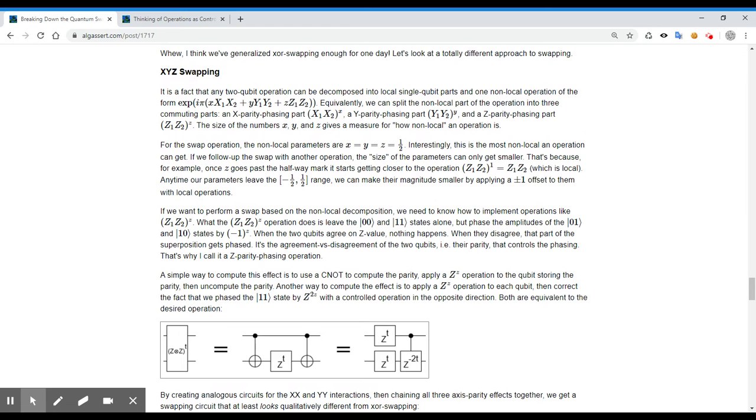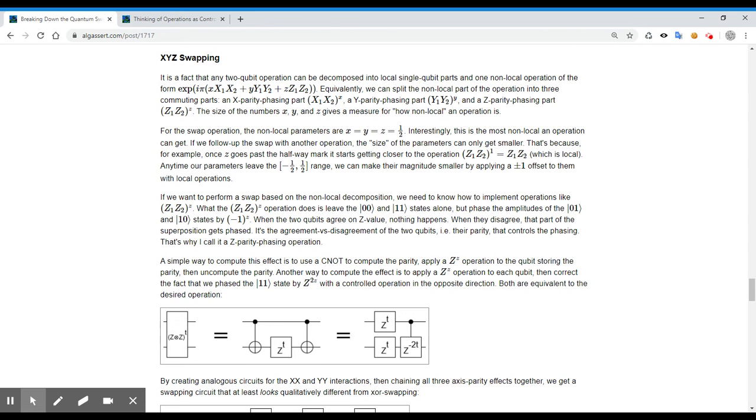I don't know what it means. Equivalently, we can split the non-local part of the operation into three commuting parts: an X-parity phasing part, a Y-parity phasing part, and a Z-parity phasing part.